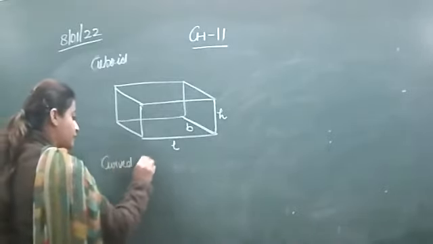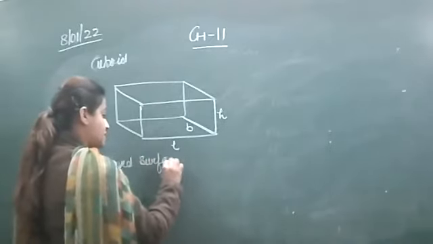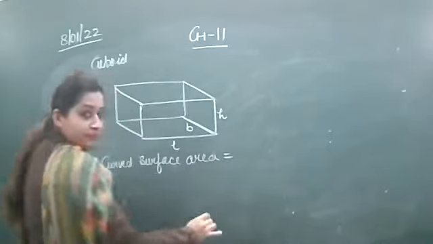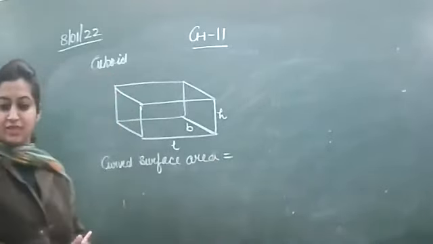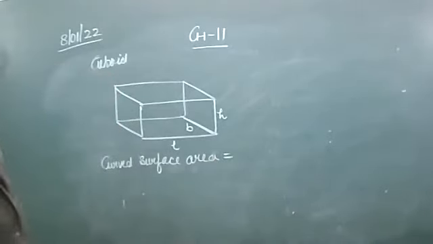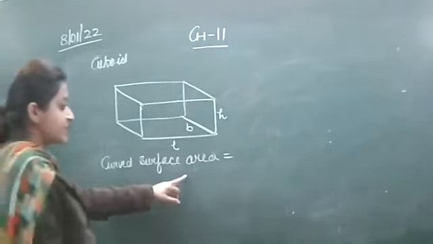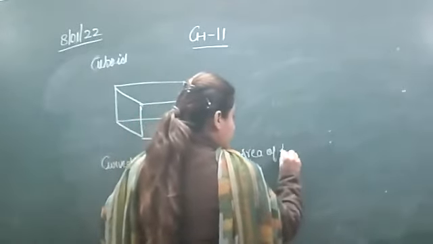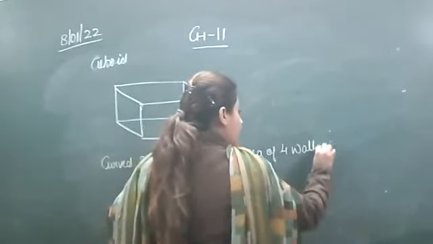So you will write here curved surface area. Curved surface area means area of 4 walls.